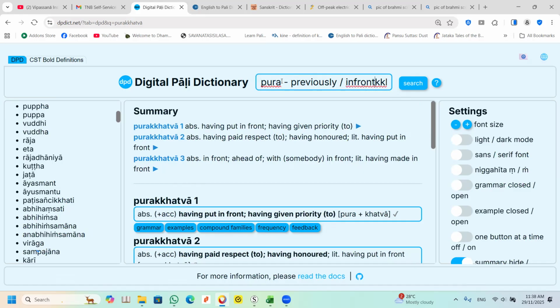Yeah, in front. So what you need to do is you take the word, this is double K, so you drop the double K. In this case, if you take away the tua, it may end up like that, you know.